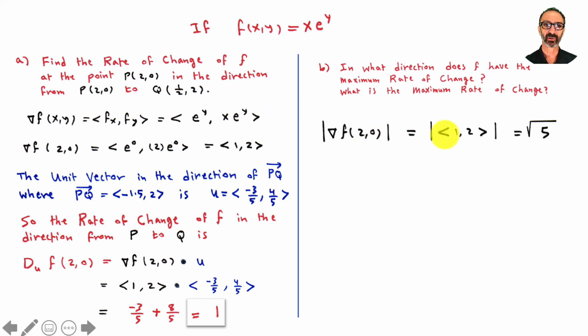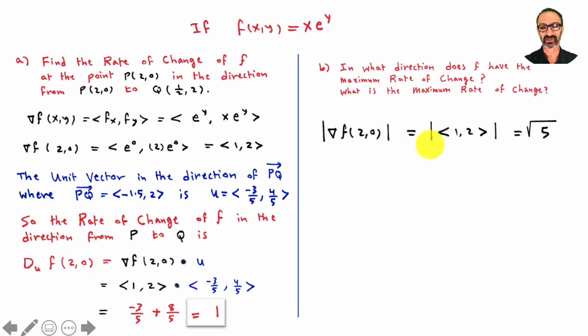Remember when we talked about it's going to be in the same direction when u and the gradient have a 0 angle between them.